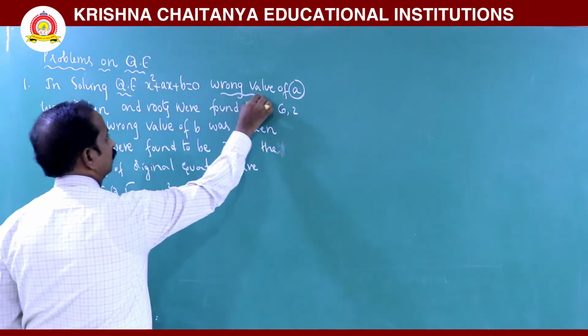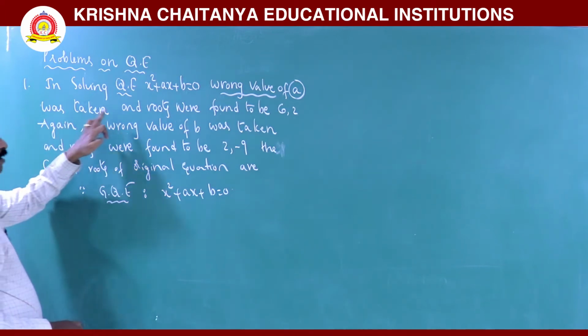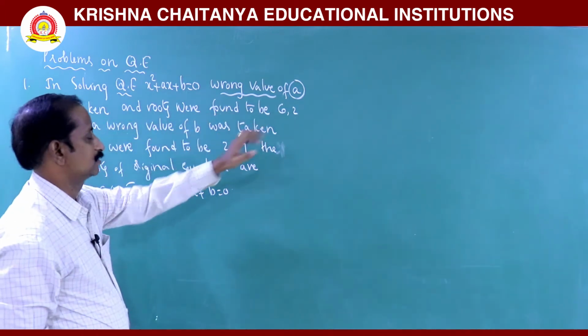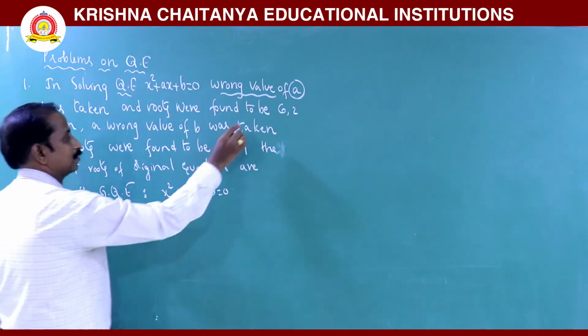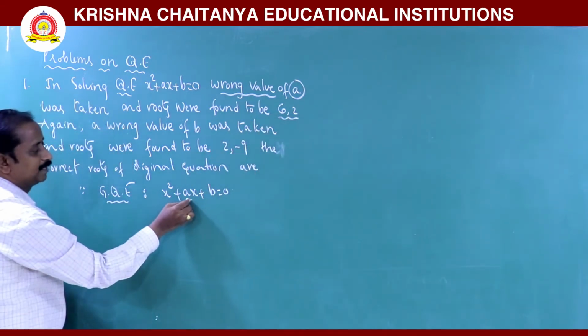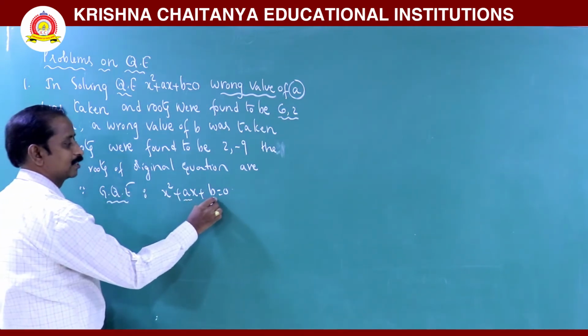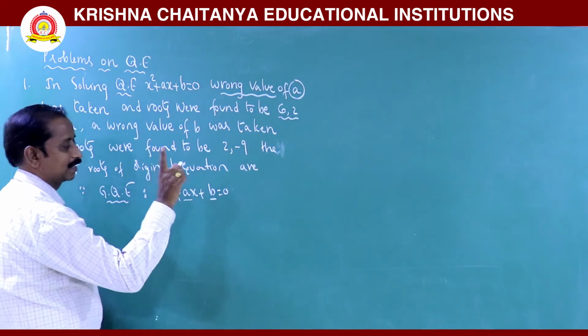A wrong value of a was taken and roots were found to be 6, 2. So, when the roots are 6, 2, the sum of the roots will be taken as wrong. Keep in your mind, the product of the roots is correct.